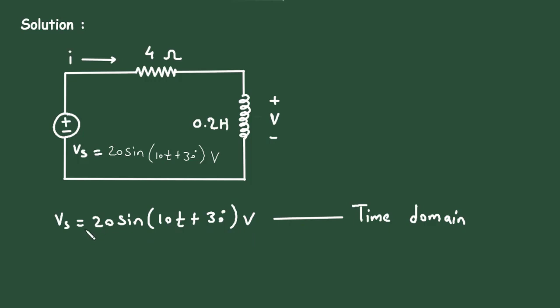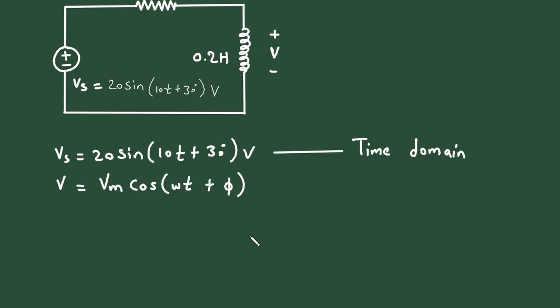So what we will do, we will compare this with the standard equation, that is v equals Vm cos(omega t + phi). This is the standard equation. Here we can see, here it is sine and here it is cos. So first we will convert this sine to cos.